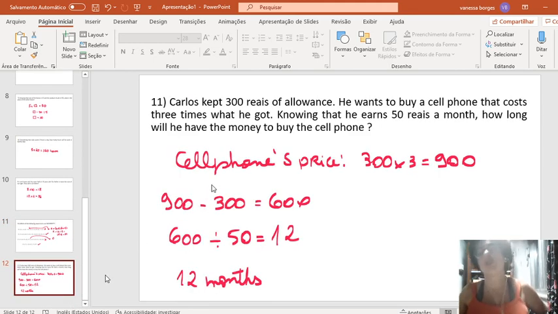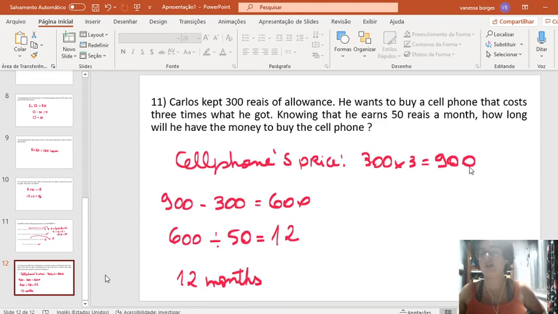And the last question about multiplication is this one. Carlos kept 300 reais of allowance. He wants to buy a cell phone that costs 3 times what he got. Knowing that he earns 50 reais a month, how long will it take for him to have the money to buy the cell phone? So the cell phone price is 300 times 3.